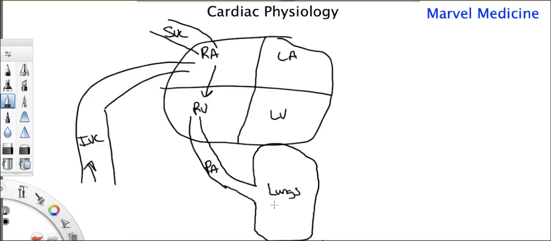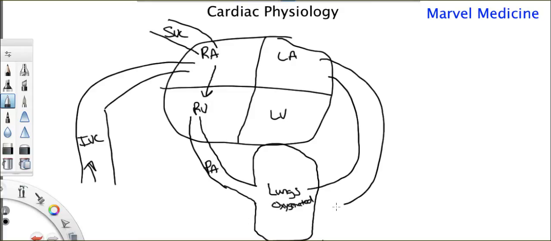From the lungs, it gets oxygenated, and I'll go over this more in detail in another lecture. Goes back to the left atrium, right? Through the pulmonary veins. Okay? From the left atrium, the blood is now oxygenated, goes into the left ventricle, from the left ventricle into the aorta, right?